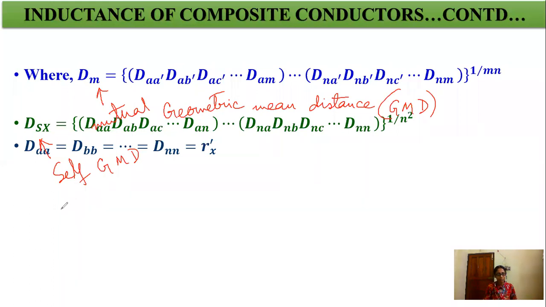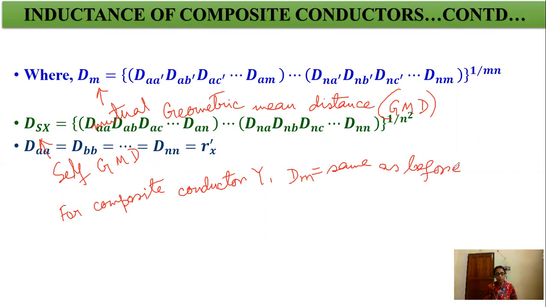For composite conductor Y, dm will remain the same as before.